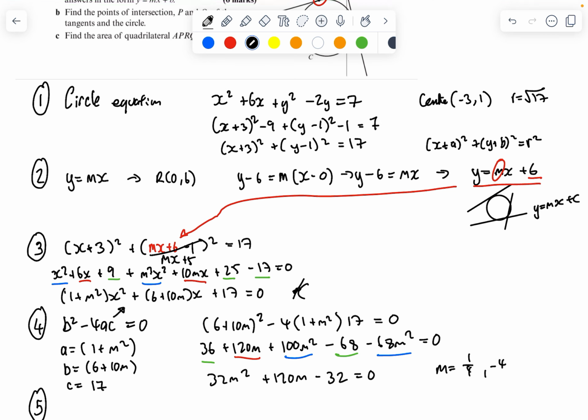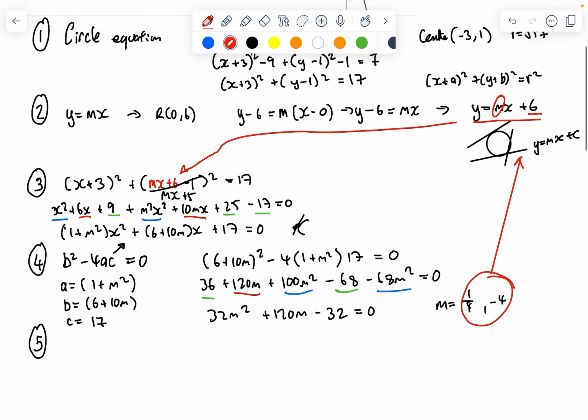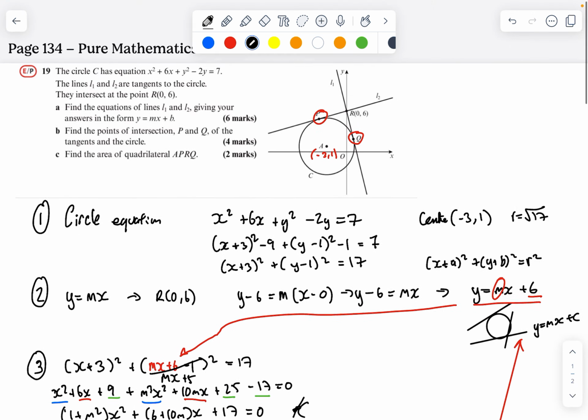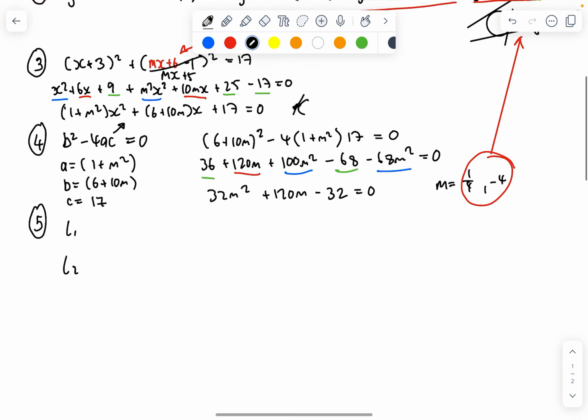Now, remember we found m. So my m values are the gradients for my tangent. So now I know I've got two lines. I've got L1 and L2. From the diagram, I can see that L2 has a positive gradient.